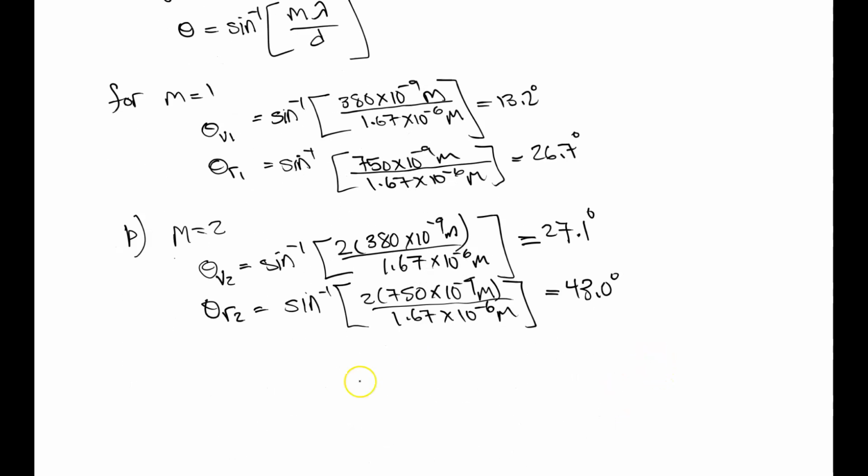And lastly, for m equals 3, we get theta violet 3. Oops, I made a mistake.